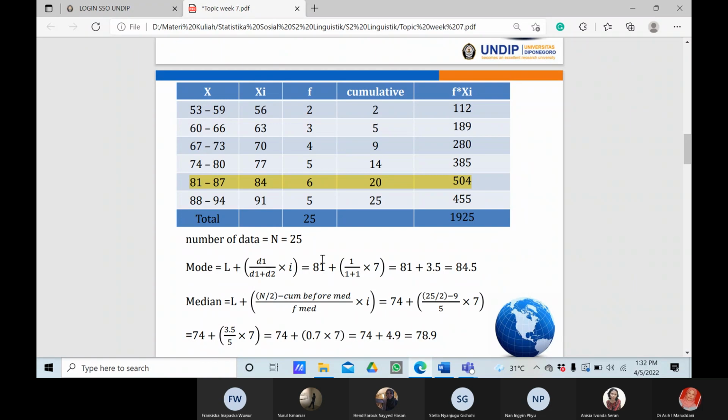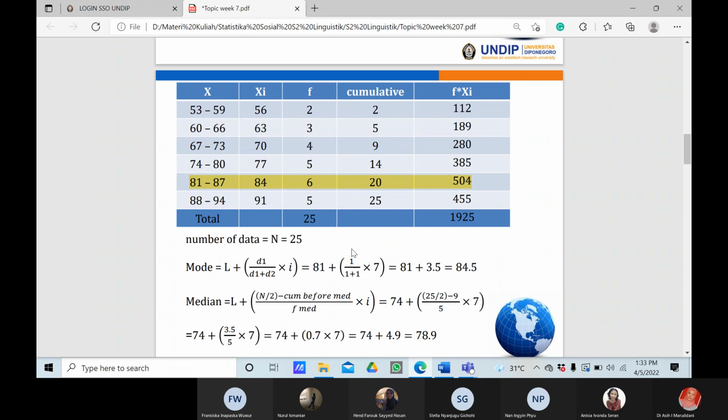Okay. Now you have to write down here the lower limit of the class of the mode, plus D1, the difference between the frequency of the class of the mode and the previous class. The frequency of the class of the mode is 6. The frequency of the previous class is 5.